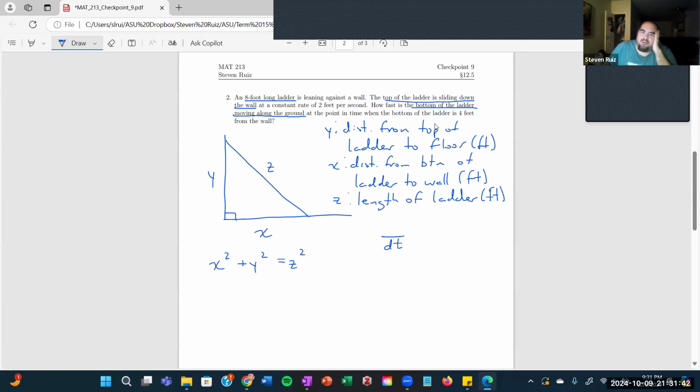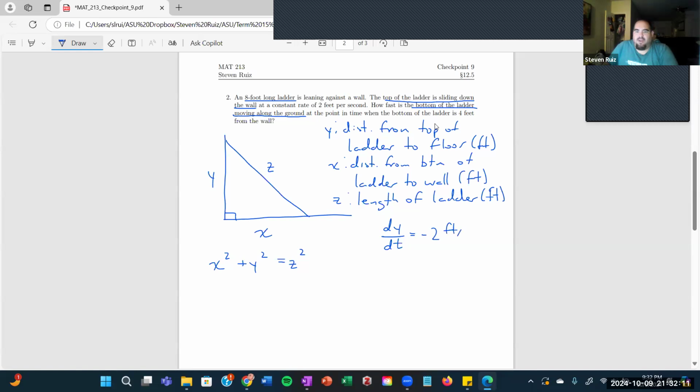The top of the ladder sliding down the wall. The way I've defined y, that's the distance from the top of the ladder to the floor, and that's the distance that's changing. So I think they're telling us that dy/dt is equal to, and be careful here, not 2, but -2.